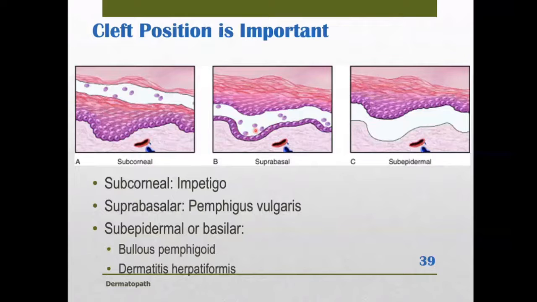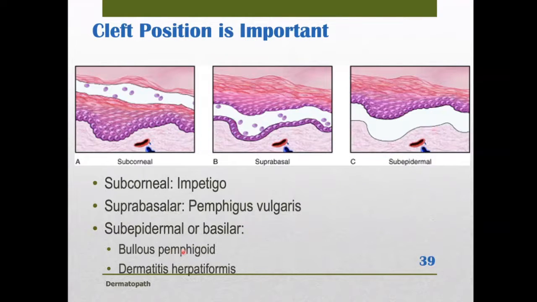If it is suprabasilar, like what I was explaining in the previous slides, the cleft is above the stratum basale. This happens in a disease called Pemphigus Vulgaris. The lesion can be subepidermal or basilar, meaning that it is between the epidermis and the dermis, maybe above the basement membrane. So here we have two diseases.